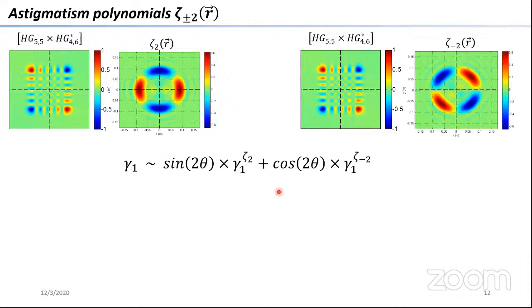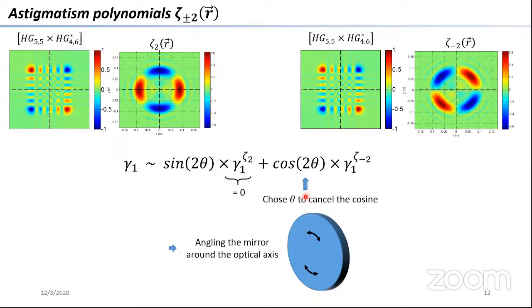And here, with symmetry consideration, as we can see comparing these images, gamma 1 theta 2 is equal to 0. And theta here is the angle of the mirror.